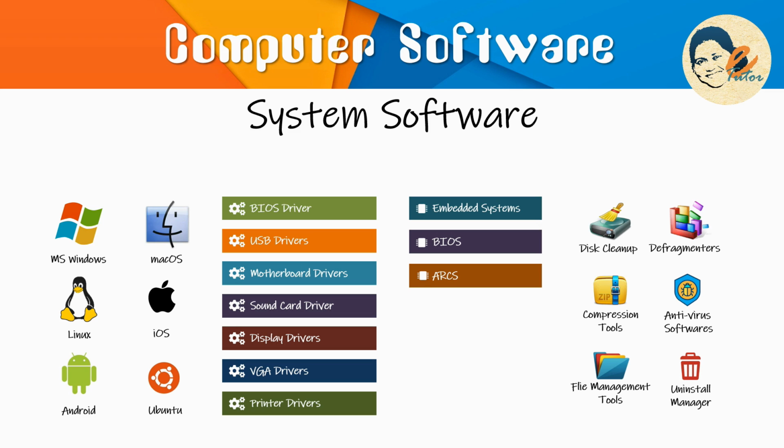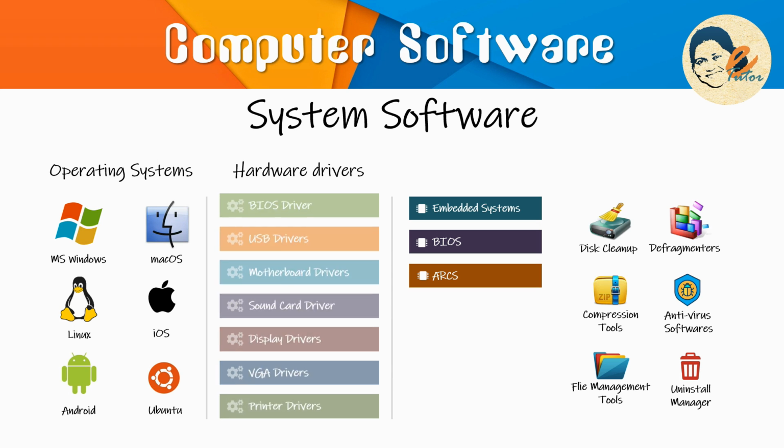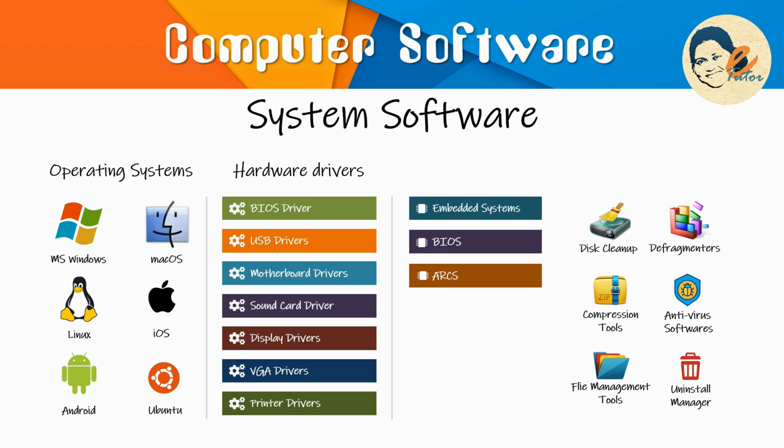A few common system software examples are different types of operating systems, that is MS Windows, Mac OS, Linux, iOS, Android, Ubuntu, etc. Another type of system software is hardware device drivers, which are required to connect different hardware with the system. For example, BIOS driver, USB drivers, motherboard drivers, sound card driver, display drivers, VGA drivers, printer drivers, etc.